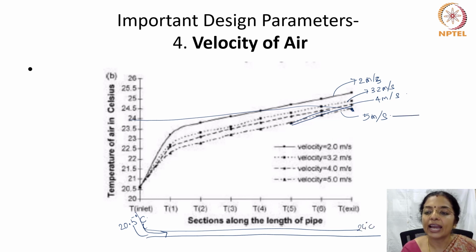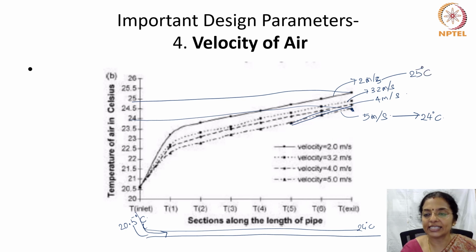So at 5 meters per second, it becomes 24 degrees centigrade, whereas when the velocity of air is 2 meters per second, the outlet temperature is about 25 degrees centigrade.